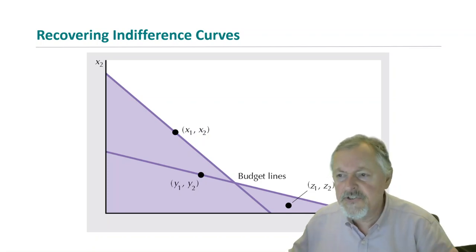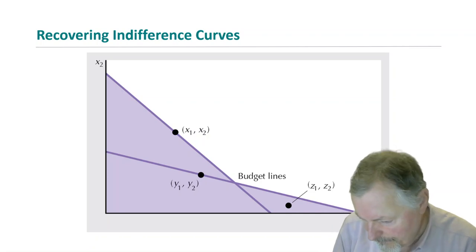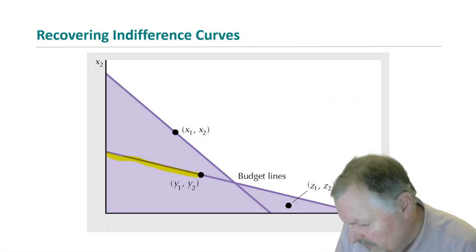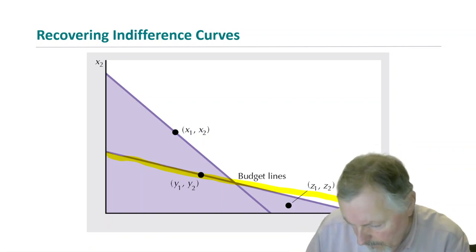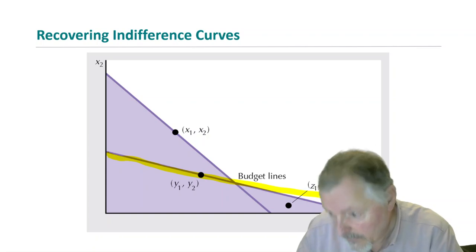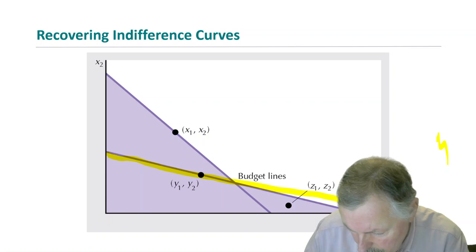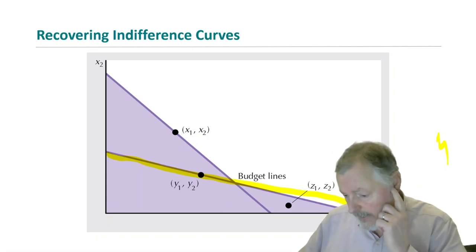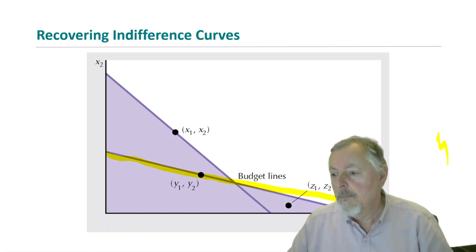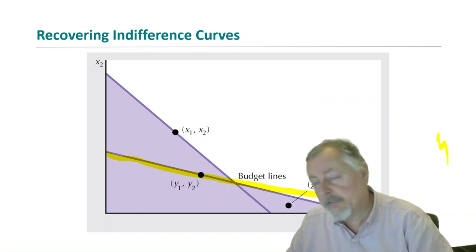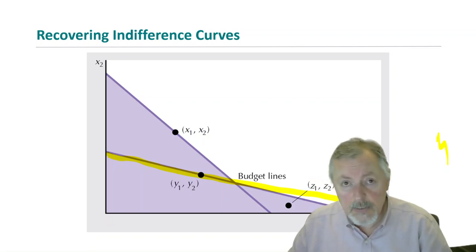Okay, now, prices change. Maybe your income changes, we don't know. So that now, this person is facing this budget constraint. Okay, at this new budget constraint, a person has a choice between bundle Y or bundle Z. Both are affordable at these new prices and new income.